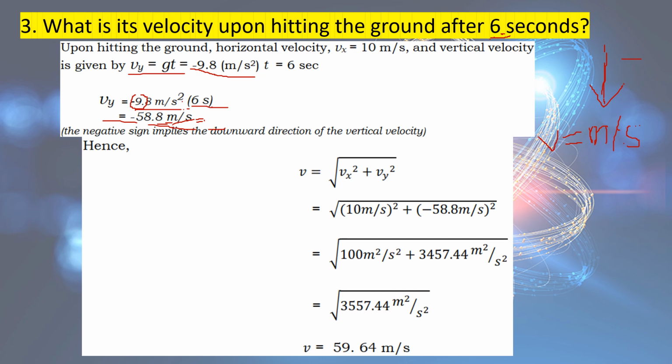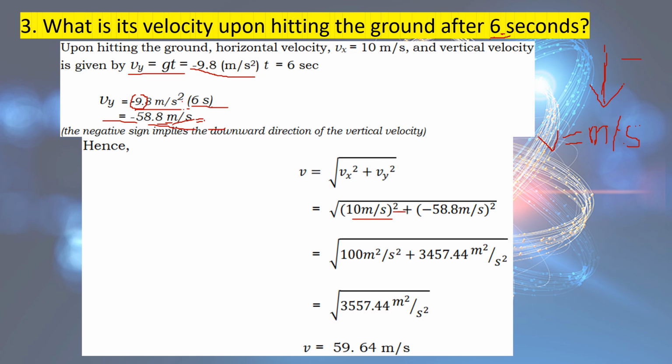Hence, when we solve for the final velocity, we use the formula v equals the square root of Vx squared plus Vy squared. So, the square root of Vx, which is 10 meters per second, squared, plus Vy, which is negative 58.8 meters per second, squared. Next step: 10 meters per second, multiply 10 by itself.